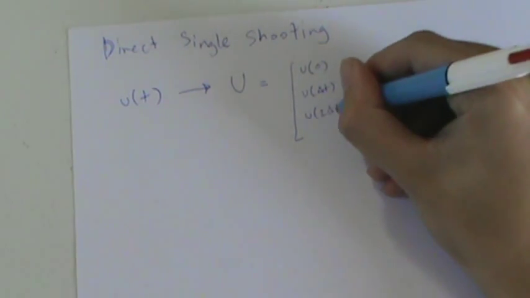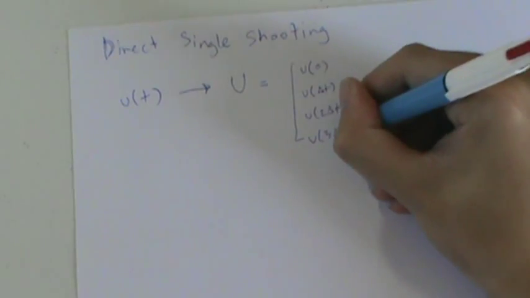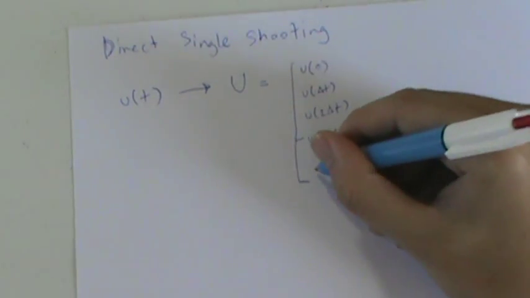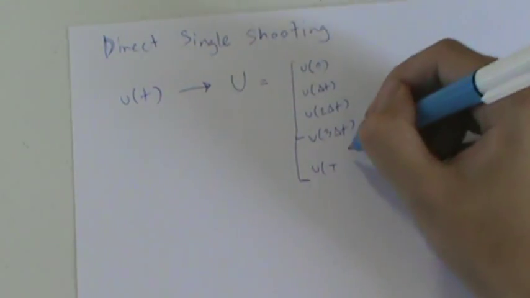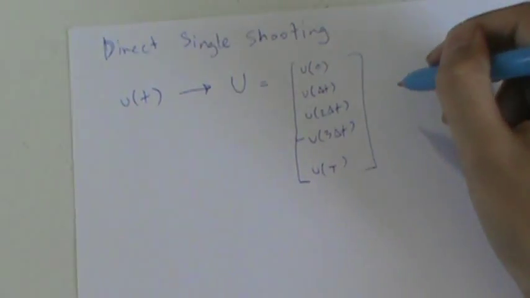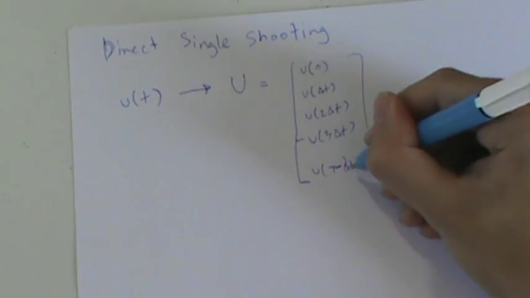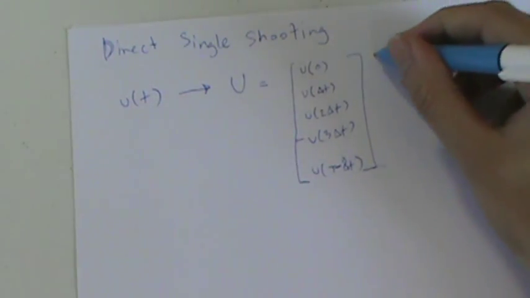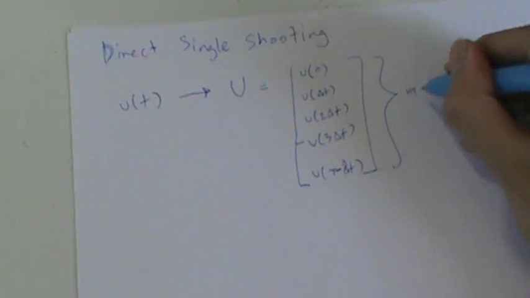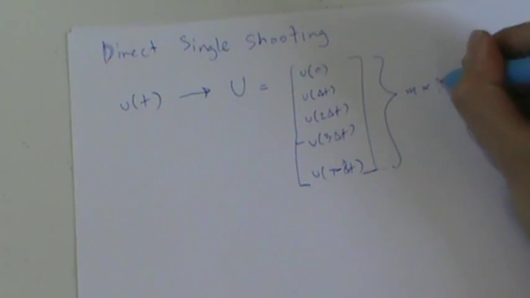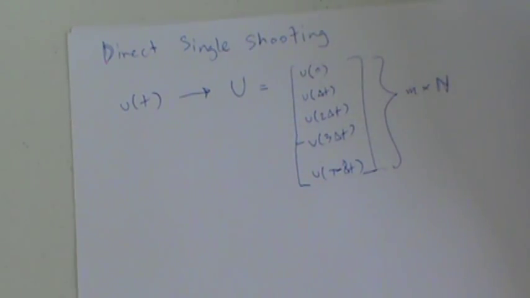So this one would be u(2 delta t), this one u(3 delta t), and so on up to u of capital T, or whatever. This last one is probably minus delta t. I'm not sure about the last index, but the total dimension should be the size of m multiplied by the number of samples that we want to discretize.